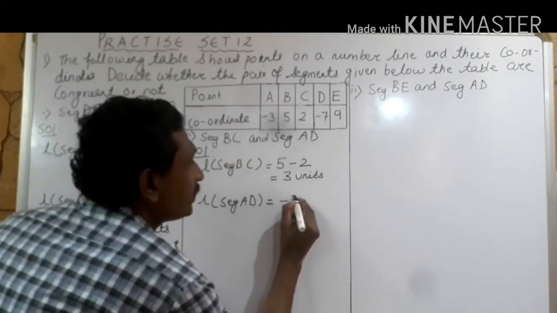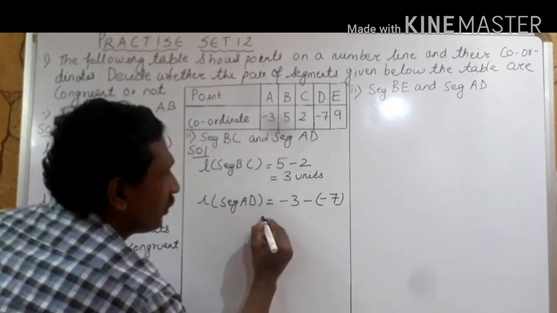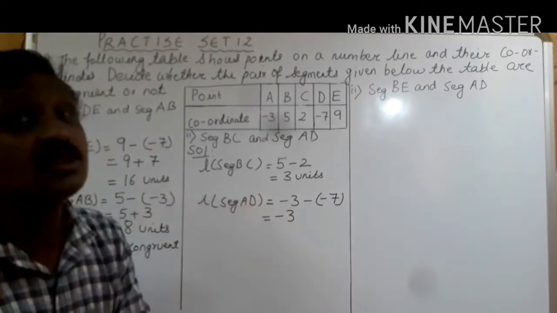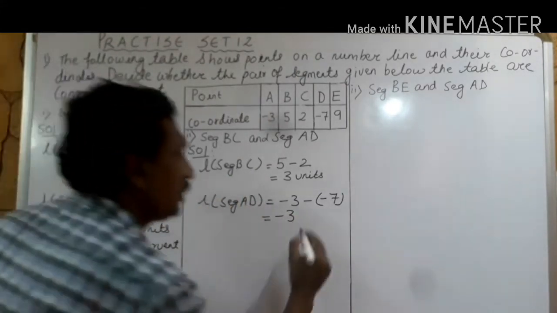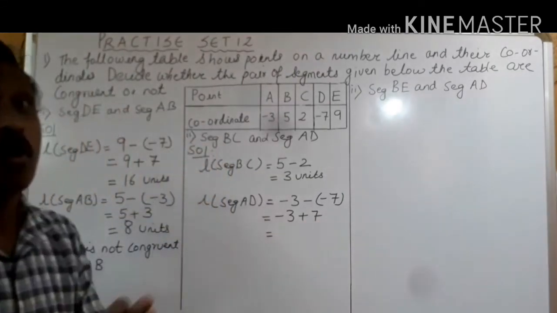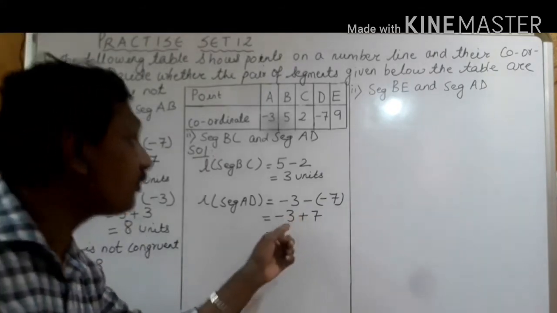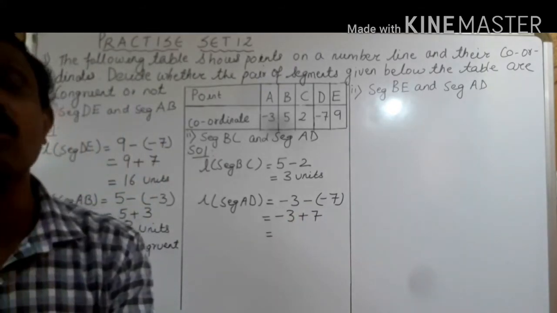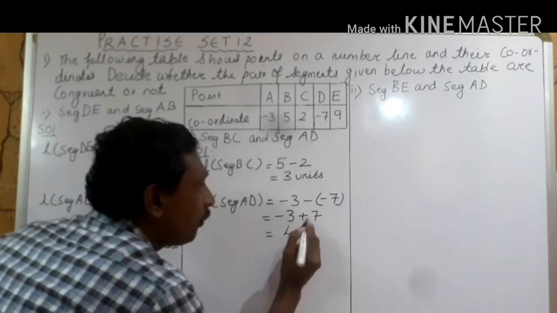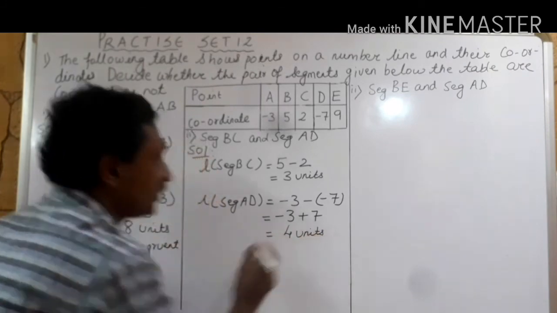So minus 3 minus of minus 7, which is equal to minus 3. Minus into minus gives me how much? Plus 7, which is equal to, now one is minus, the other one is plus. What do we do? We subtract and take the sign of the greater number. Minus 3 plus 7 gives me 4 units.